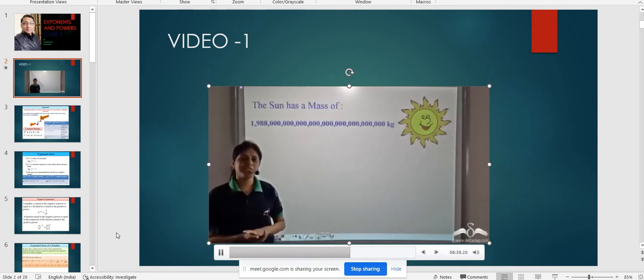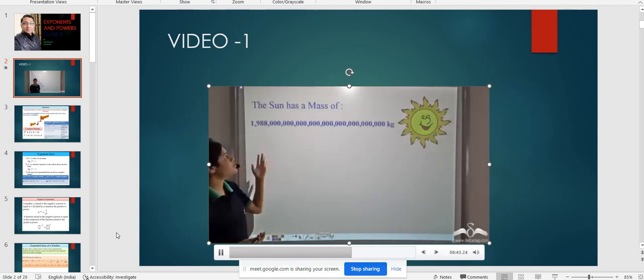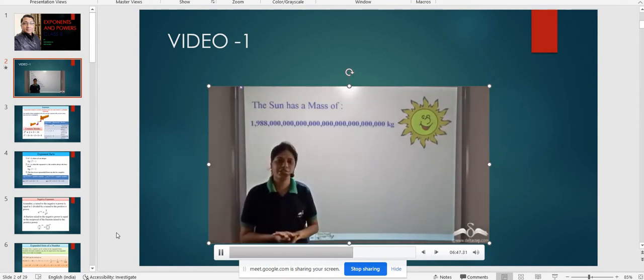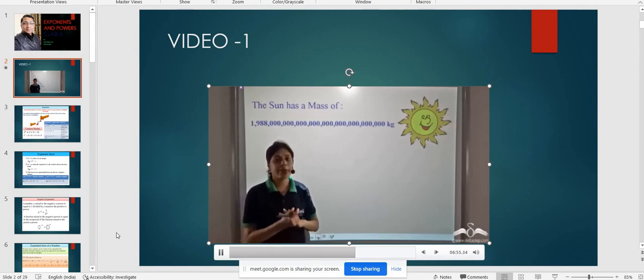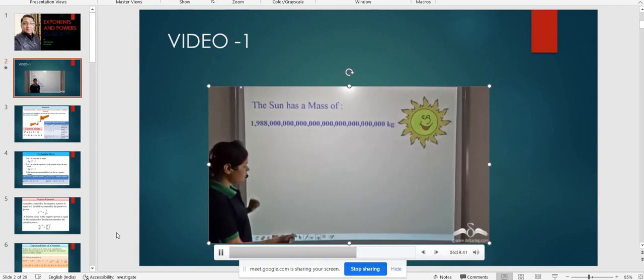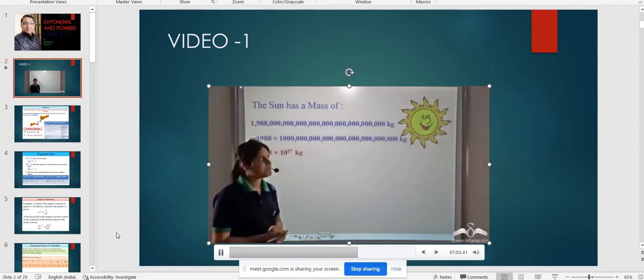Now you might be wondering, what is the use of exponents? Consider the mass of the sun. The sun has a mass of these many kgs. Now imagine how difficult it would be for scientists to read, write, and moreover remember such huge numbers. Wouldn't it be convenient for them if they represent it like this?